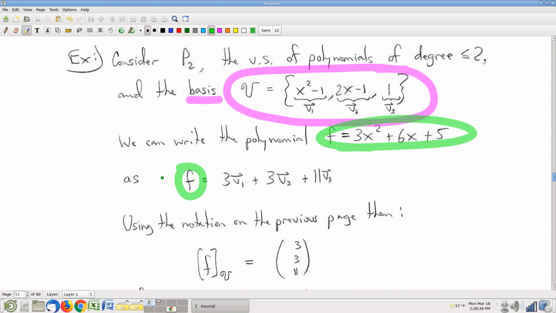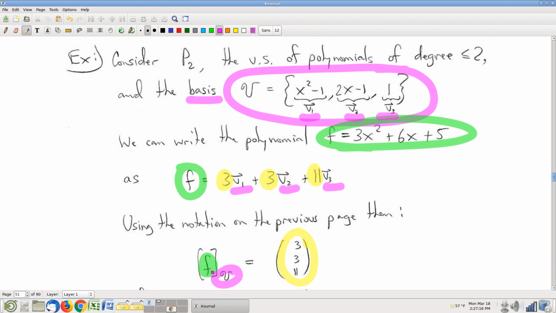There is a way to write that vector f, inconvenient, clunky function thing that it is. I can write that as a linear combination of these basis vectors, v1, v2, and v3. And of course, you've got to work out a little system of equations that will allow you to identify what that is. With some effort, you can find that those coefficients are 3, 3, and 11, and therefore those are the coordinates of that vector with respect to that basis.